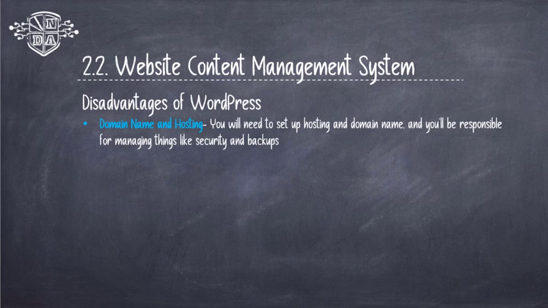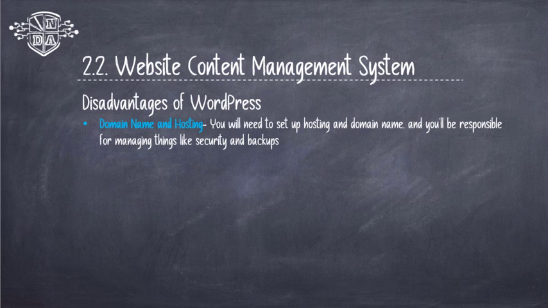But for WordPress, you need to get your own domain name and your own hosting, and then install WordPress on your hosting. And then you'll also be responsible for managing things like security and backups for your website. It can really become a nuisance when people start hacking your site, because WordPress as a service doesn't provide security or backup for your site.